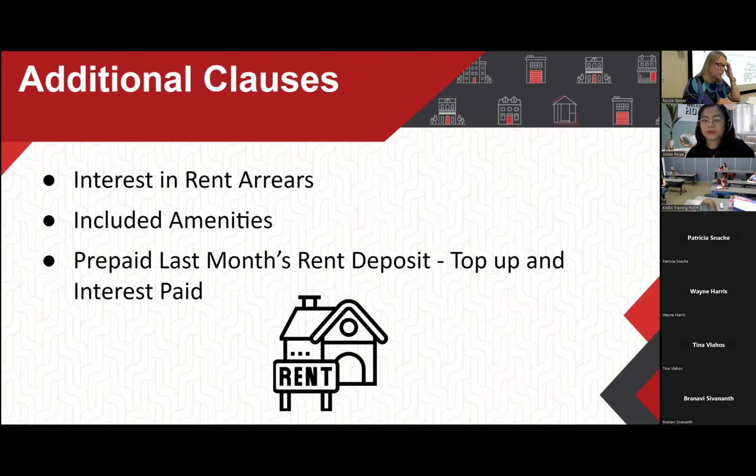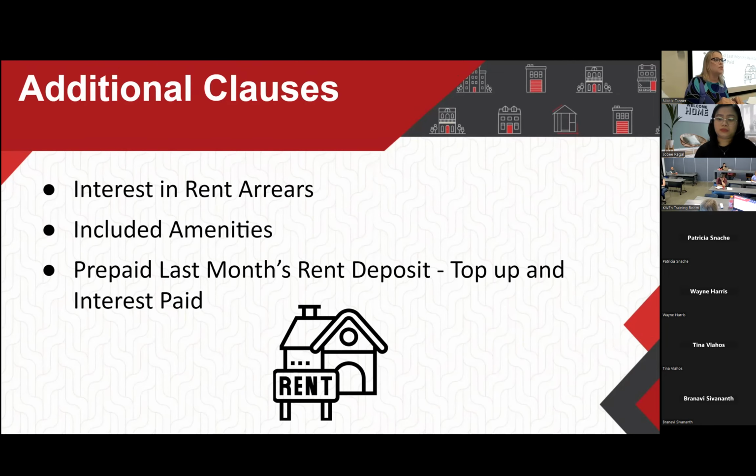The landlord can charge daily interest on the tenant's arrears. I'm just going to gloss over it. If the tenant has rent arrears, the landlord can charge interest. It's more or less there to entice the tenant to pay the rent on time.